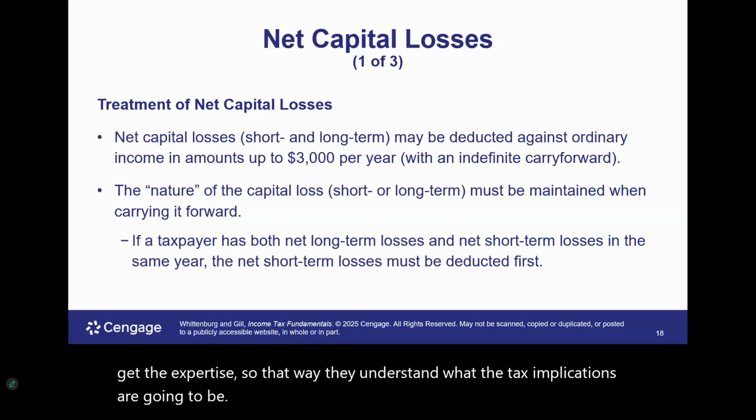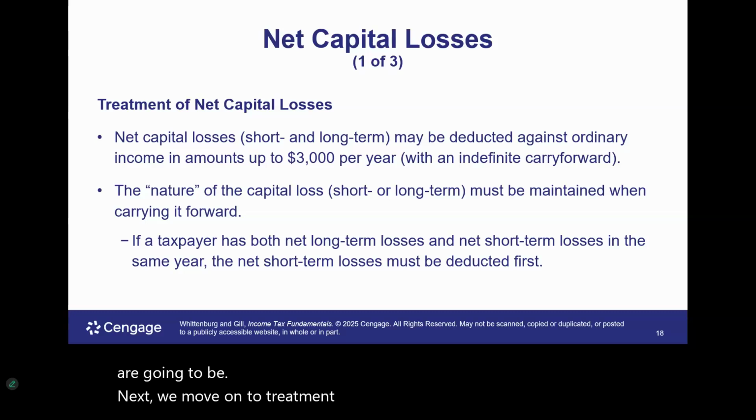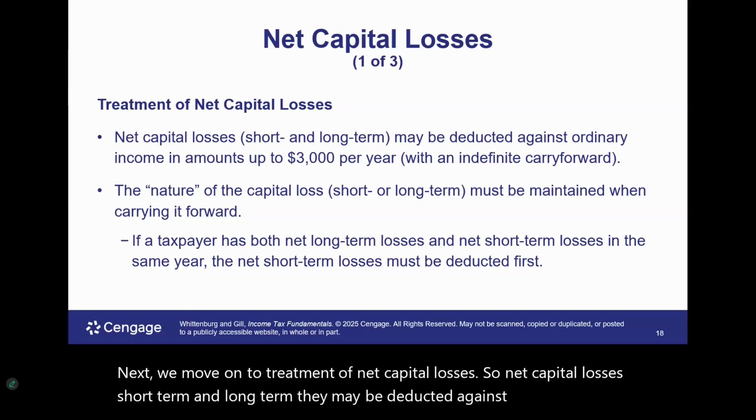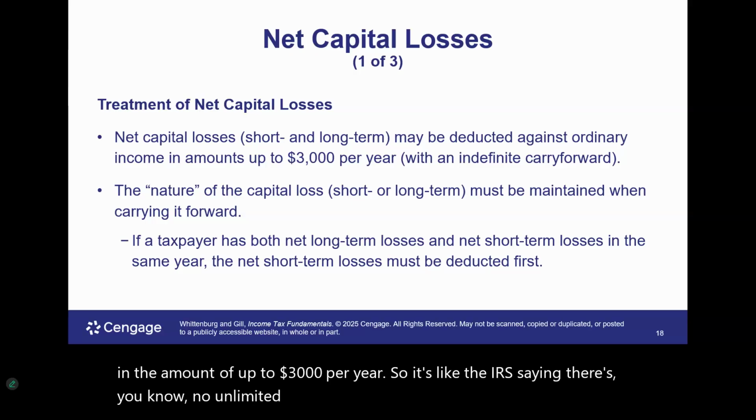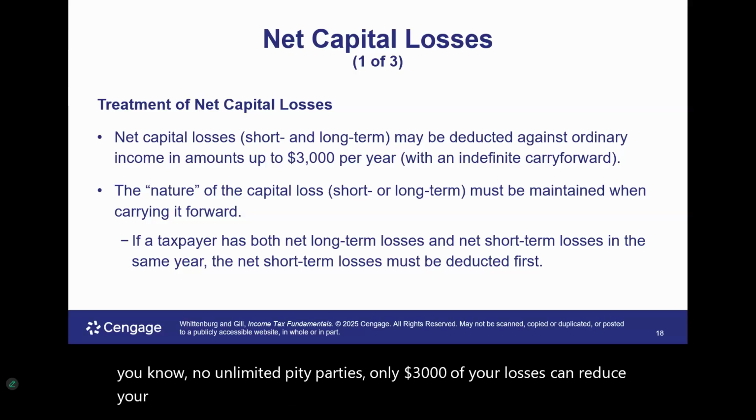Next, we move on to treatment of net capital losses. Net capital losses, short-term and long-term, may be deducted against ordinary income in the amount of up to $3,000 per year. So it's like the IRS saying there are no unlimited pity parties. Only $3,000 of your losses can reduce your salary income every year.